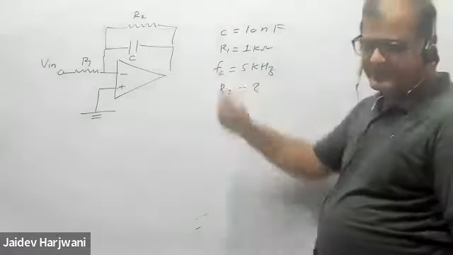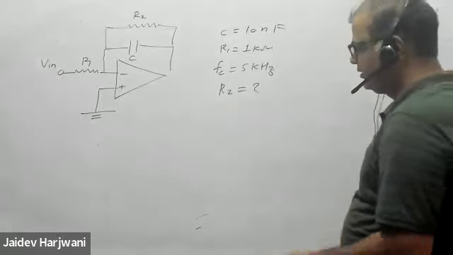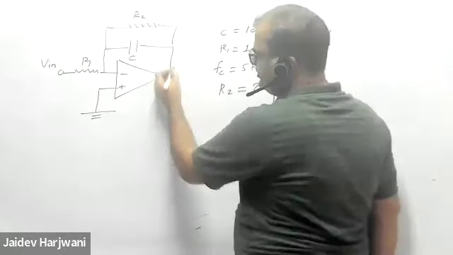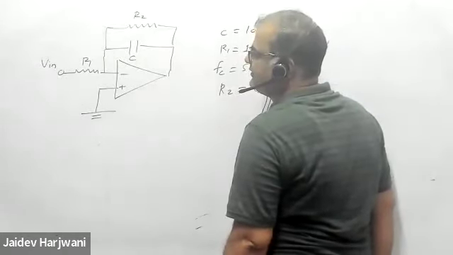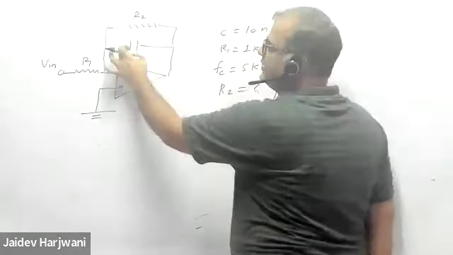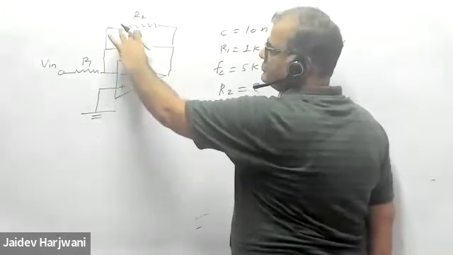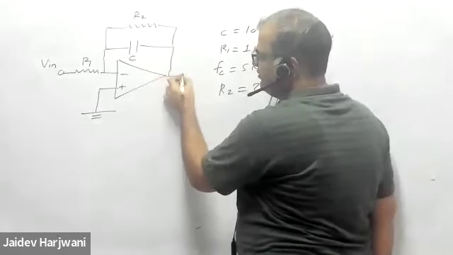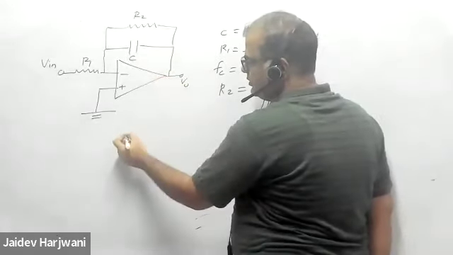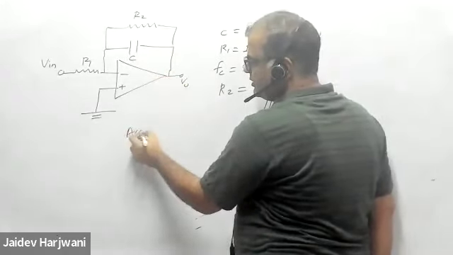ये हाई पास है कि लो पास है? Tell me. Is this high pass or low pass? If high, this becomes 0, everything becomes 0. So this is a low pass filter. And what is the formula for this one? V naught, or gain.